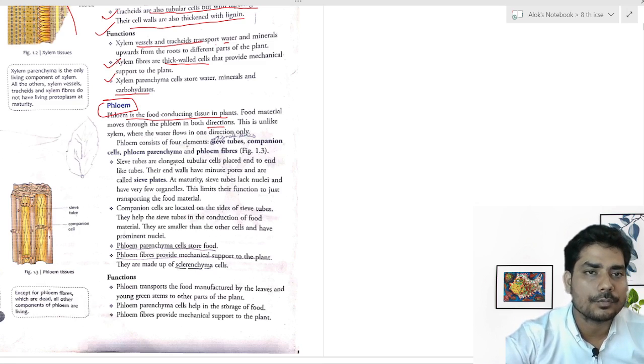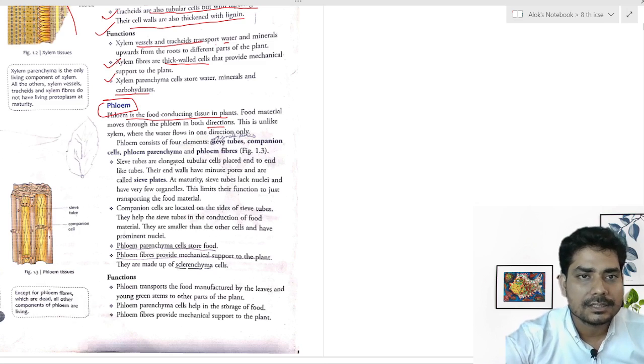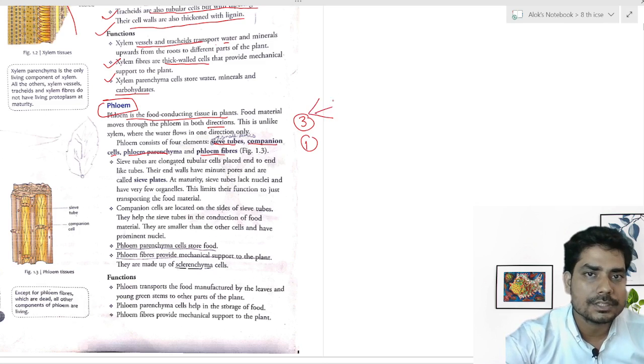Phloem consists of four types of elements or cells: sieve tube first, companion cell second, phloem parenchyma third, and phloem fiber fourth. Out of these cells, three cells are living and only one cell is dead. What are the three cells?